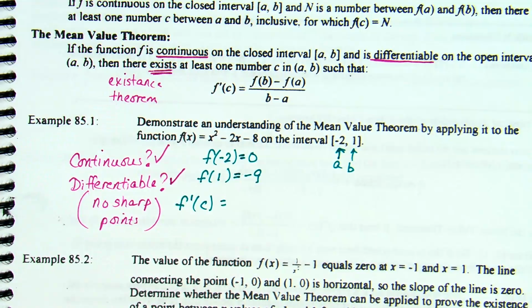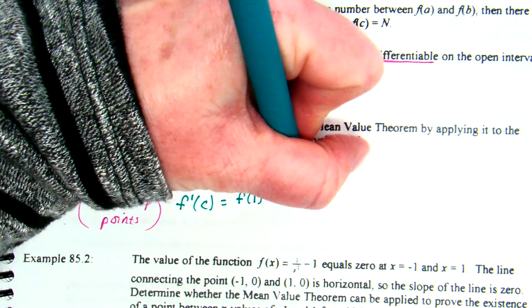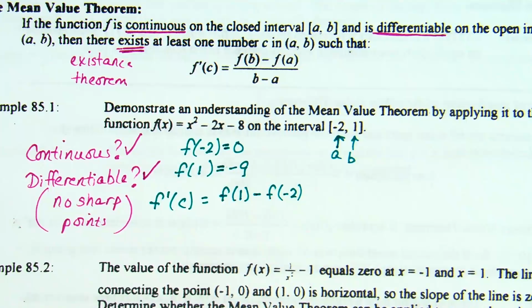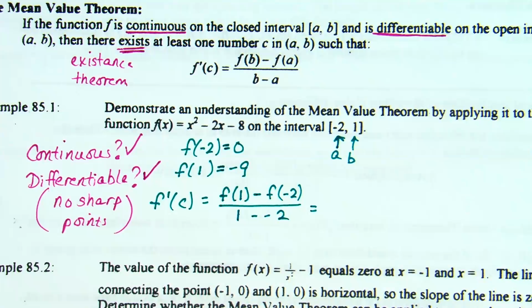Let's see, what is f of 1 minus f of negative 2? Negative 9 minus 0, which is negative 9. 1 minus negative 2 is 3. Negative 9 divided by 3.